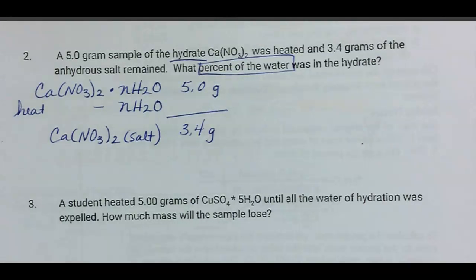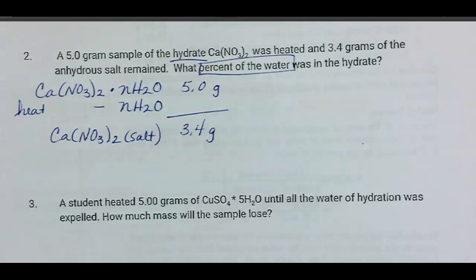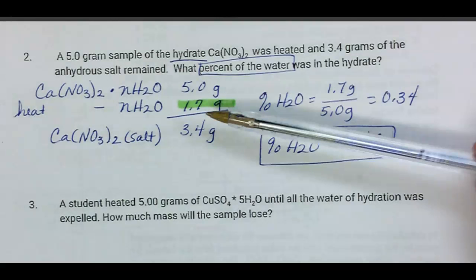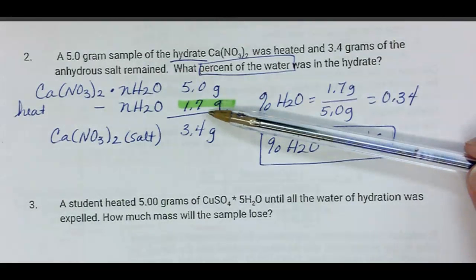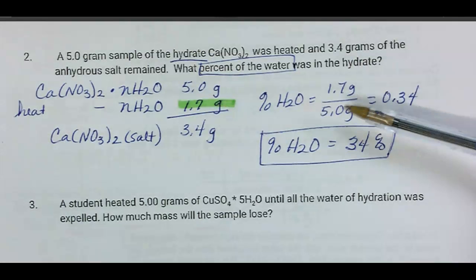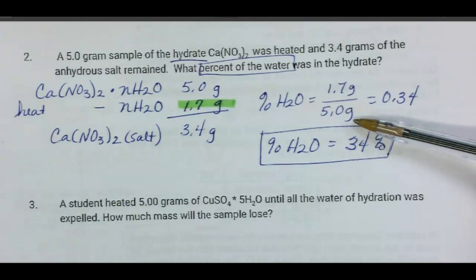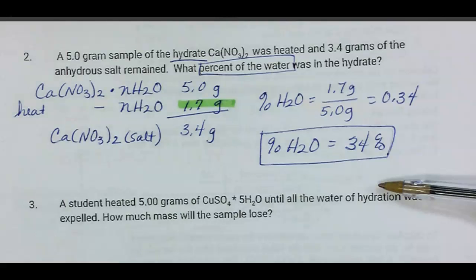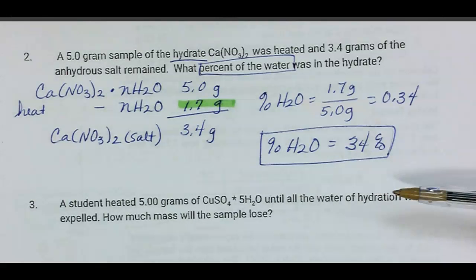So figure out from that information, look at the problem that you had above, and how would we find the percent of water? Go ahead and calculate that out. Let's see if we agree. So that would mean that 1.7 grams was water. I do a percent composition, so set 1.7 grams of water over the total of my hydrate, gives me 0.34, or 34% of it was water.